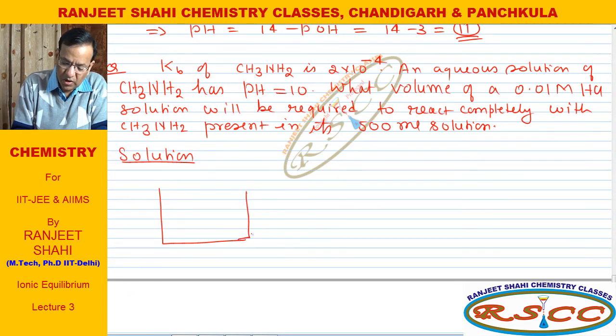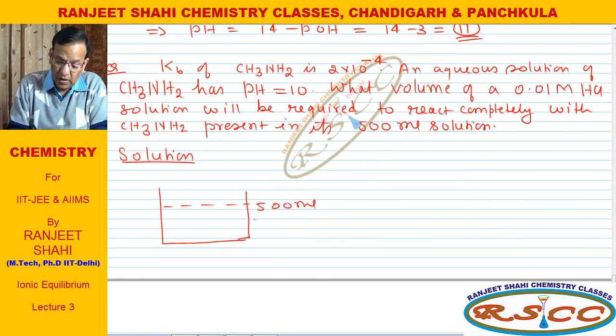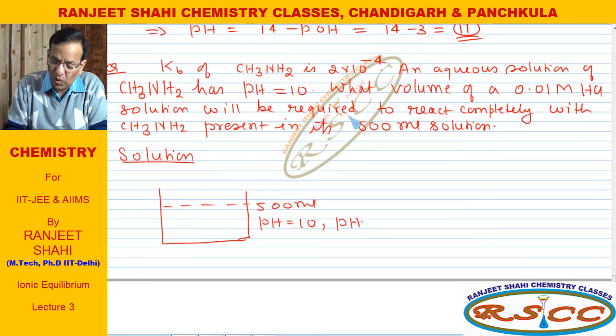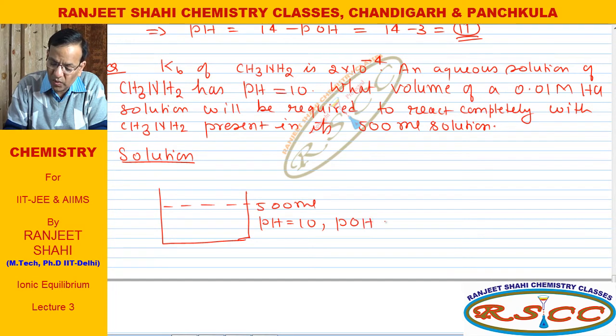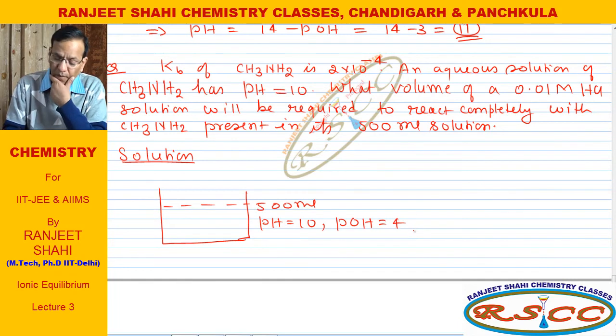We have a solution of weak base whose volume is given 500 ml. pH is given, it is 10, and it is a solution of weak base, so it is better to work out pOH, because in the expression pOH will come. So pOH will be 14 minus 10, so 4. Now pOH is known, Kb is known.